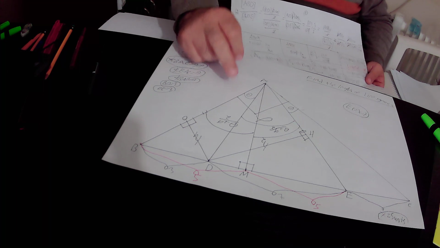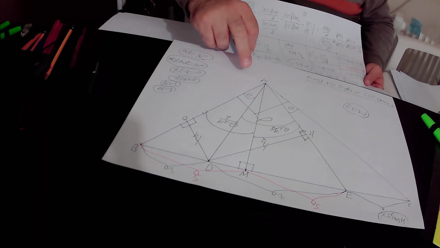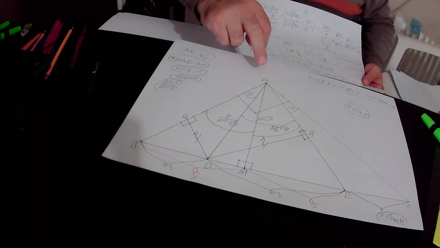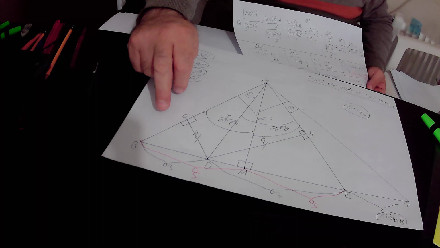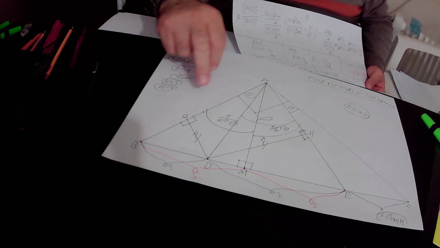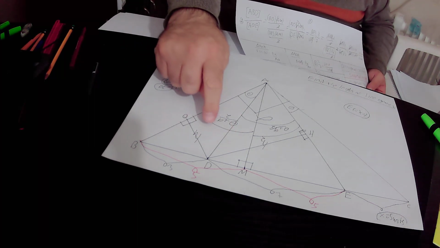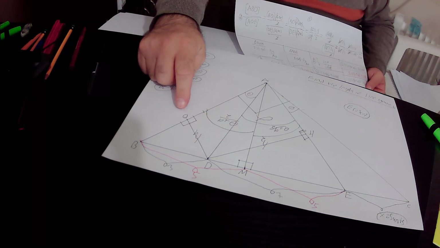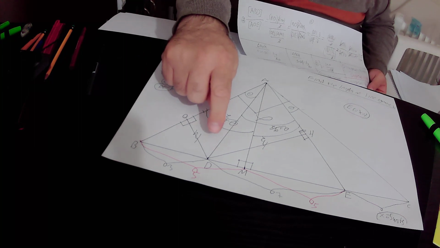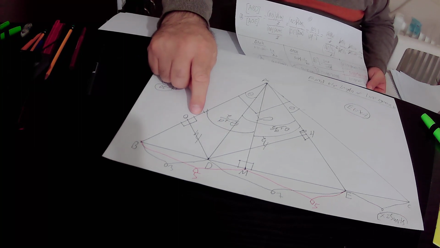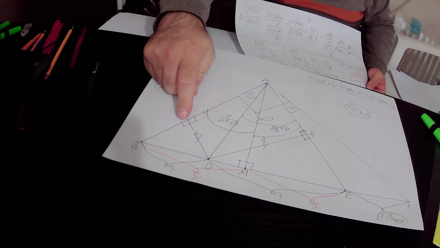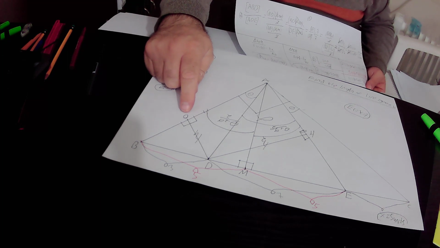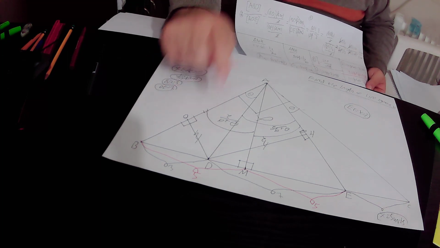In the second way, the area of triangle ABD was calculated with the base AB times the height to the base, DO, which makes 90 degrees with the base AB. So from point D we draw a perpendicular to AB. This angle equals 90 degrees and this angle equals 90 degrees. So DO is the height to the base because it makes 90 degrees with the base AB. So we define DO as H1.